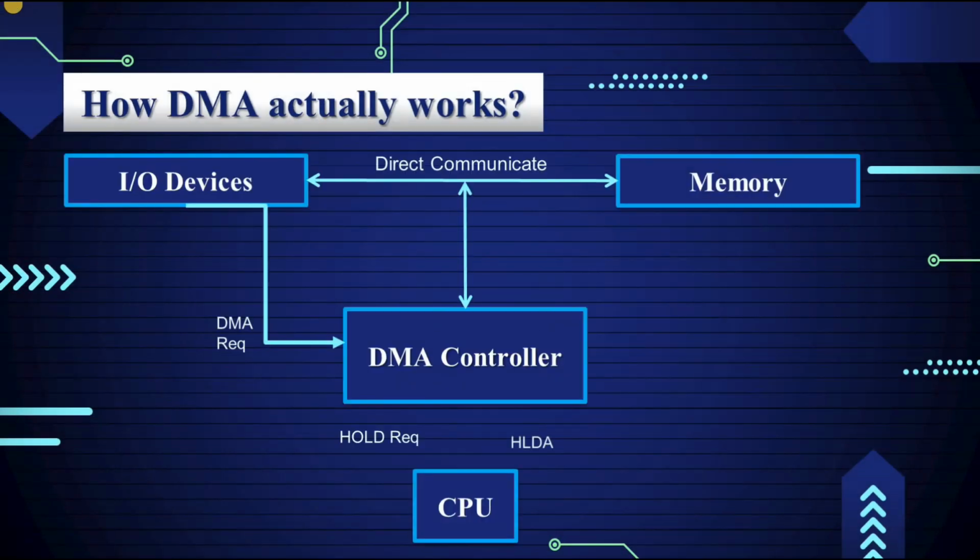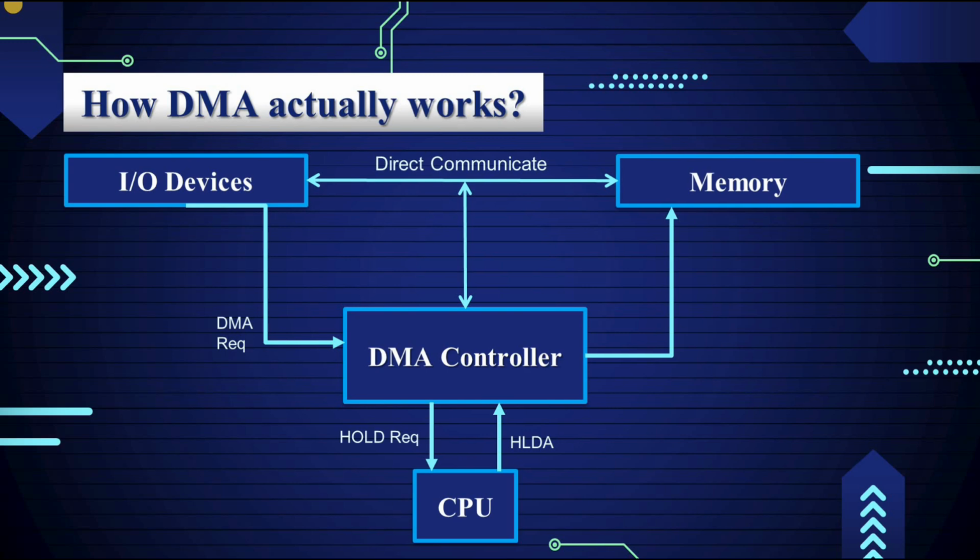The next slide shows how DMA actually works. It allows an input-output device to transfer data to and from memory directly without using the CPU in every operation. When an input-output device needs to transfer data to or from memory, it sends a request to the DMA controller.